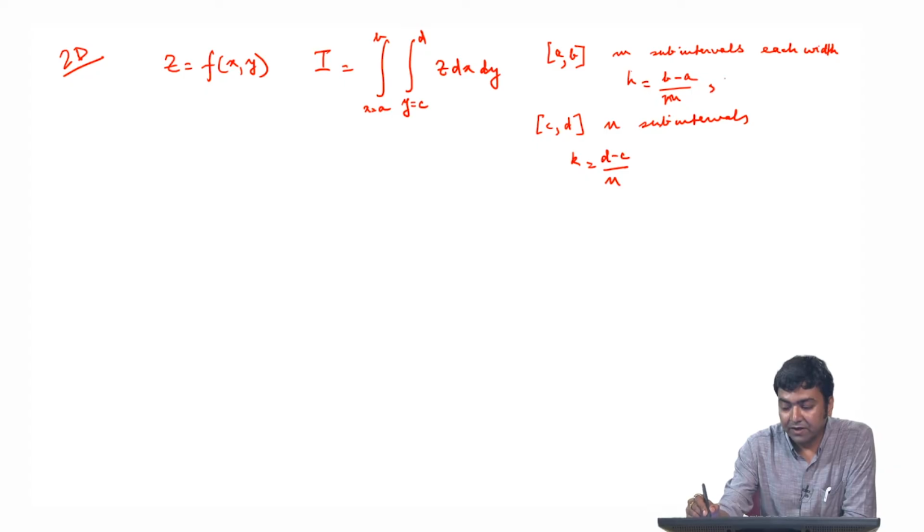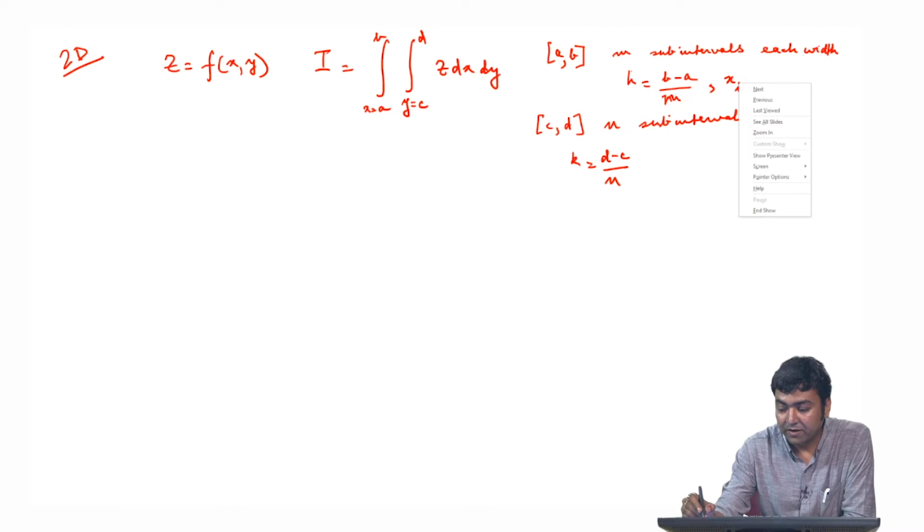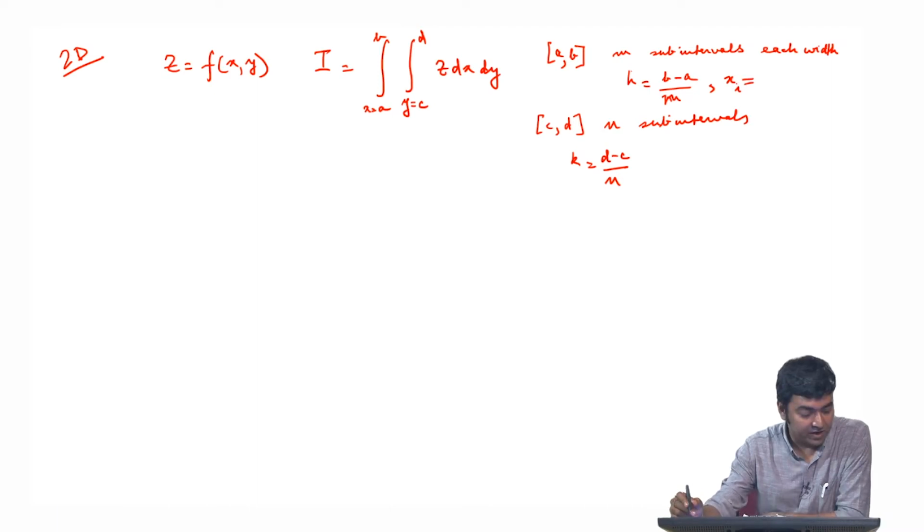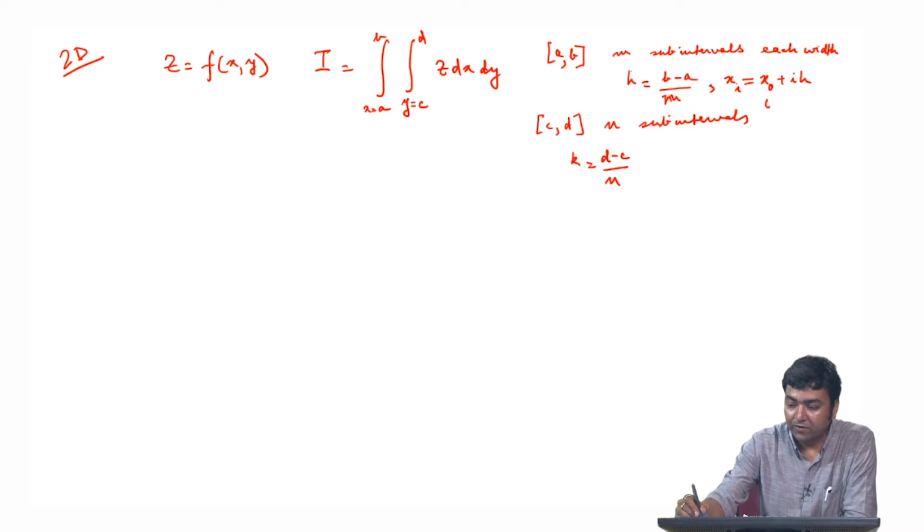Since we are discretizing it, the value of the ith point x_i will be given by x_0 plus i h, where i goes from 0, 1 all the way to m.